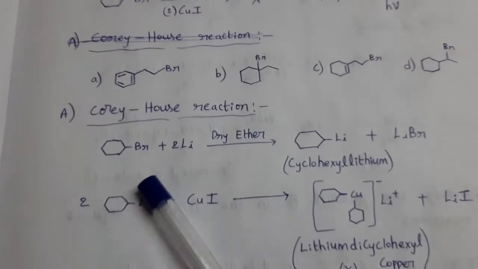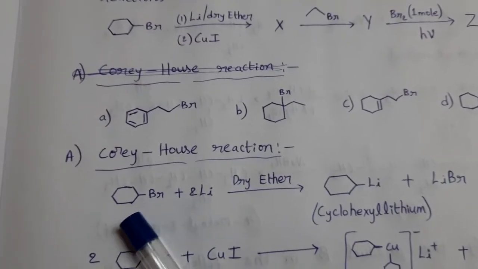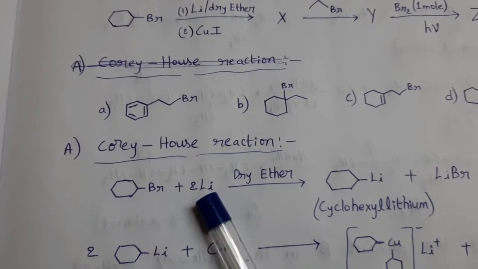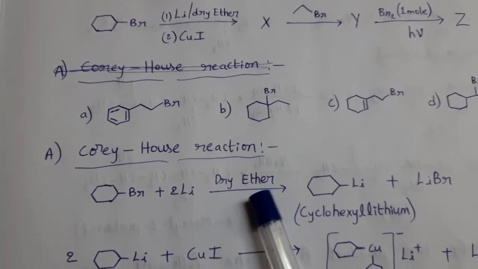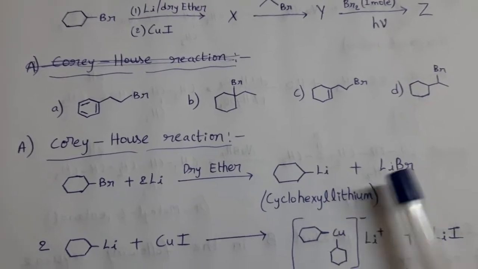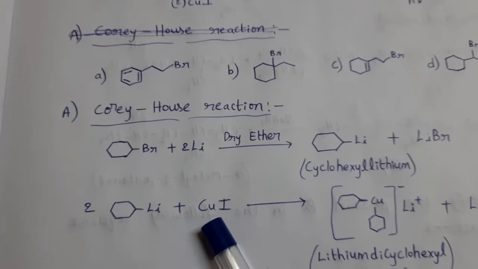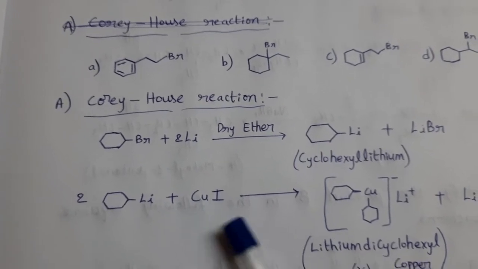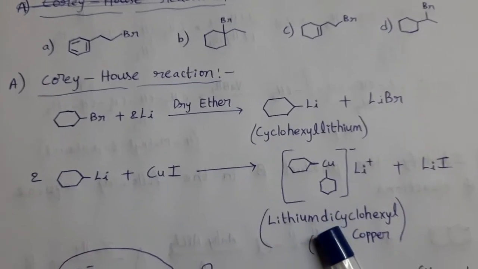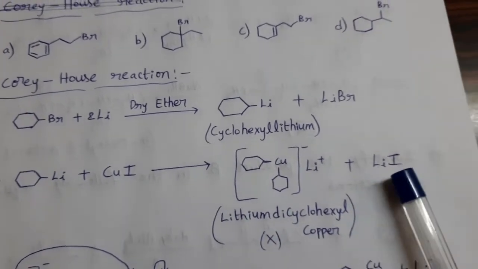Here the alkyl group is cyclohexane. So bromocyclohexane reacts with lithium in presence of dry ether, we can get cyclohexyl lithium plus LiBr. This compound, 2 moles, reacts with CuI, cuprous iodide, then we can get lithium dicyclohexyl copper plus LiI.